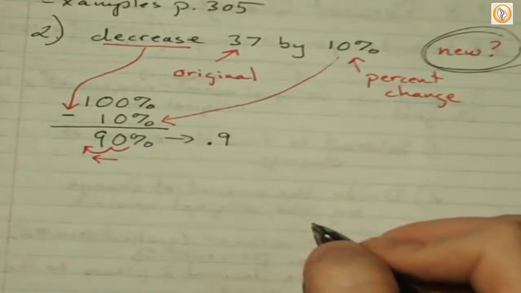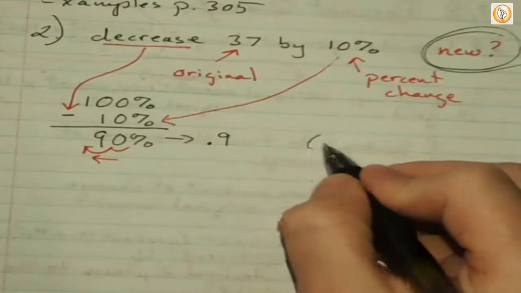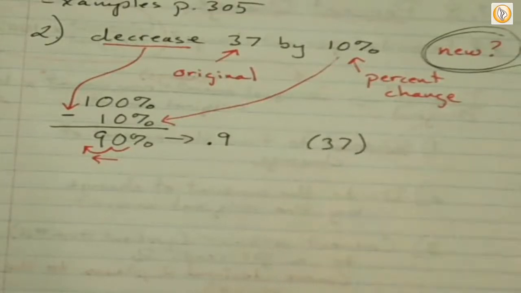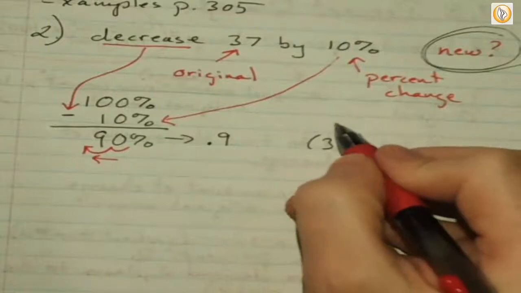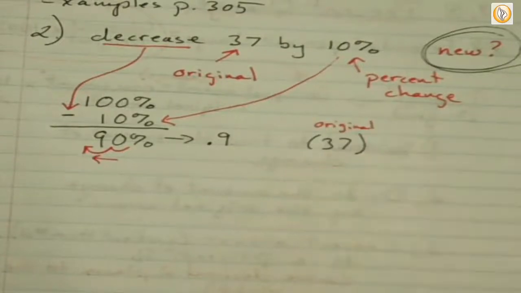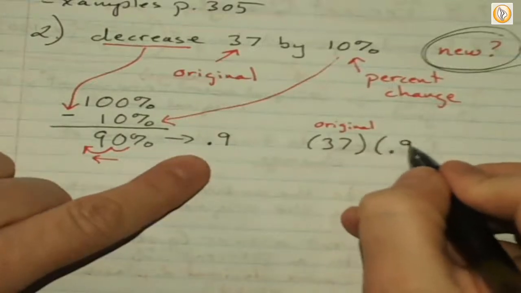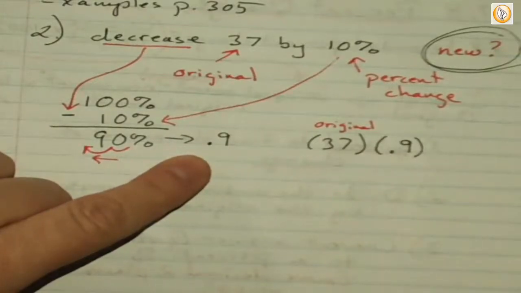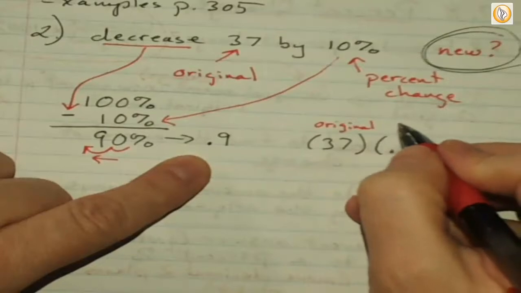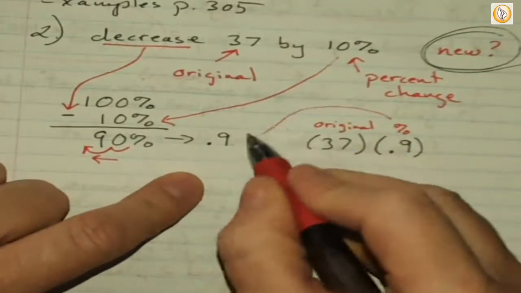So to solve that, all we have to do is multiply 37, which is original, times the percent change, we got that from here.